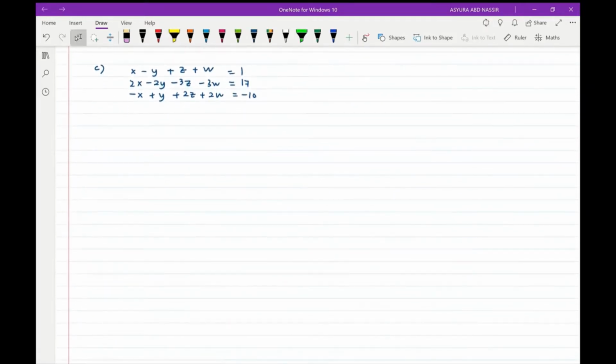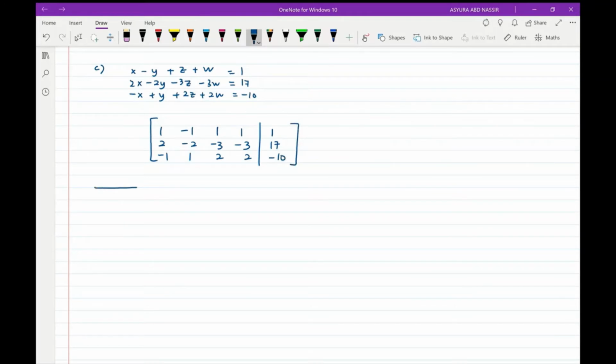Okay, so now your augmented matrix will be 1, negative 1, 1, 1, 1, 2, negative 2, negative 3, negative 3, 17, negative 1, 1, 2, 2, negative 10.